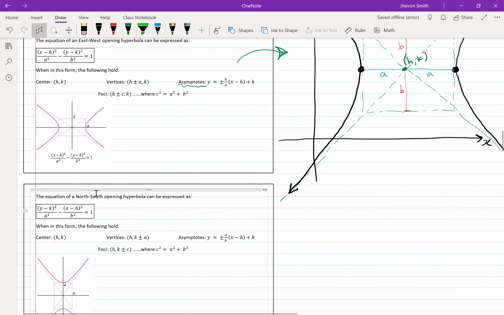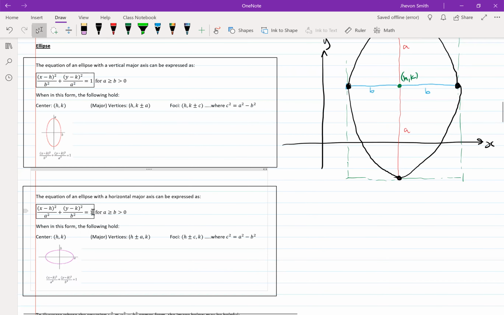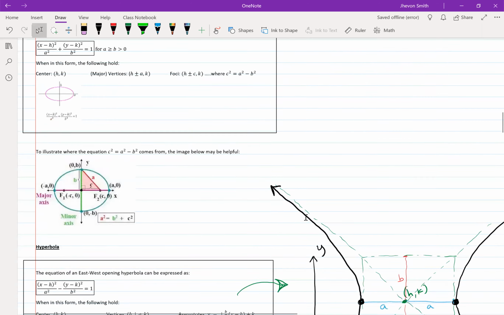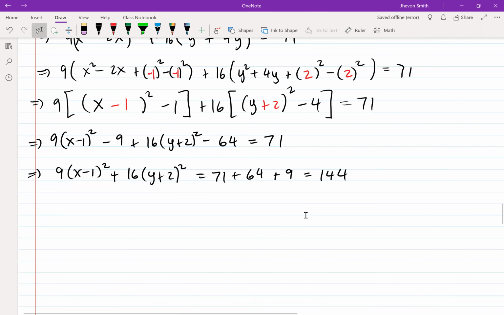So you know, for the hyperbola and the ellipse, there's a 1 on the right side. So the next thing would be to divide the entire equation by 144. So I'm going to divide by 144, divide by 144.